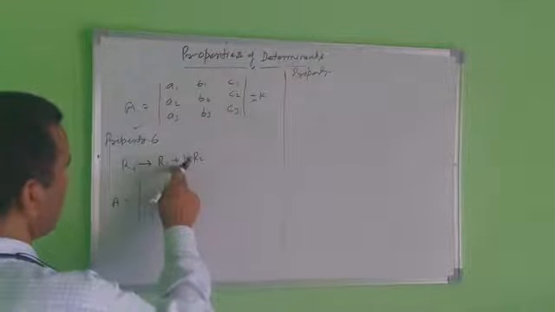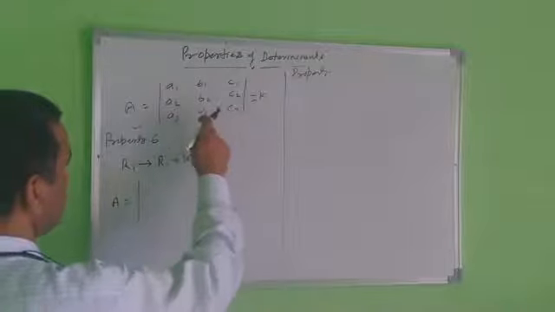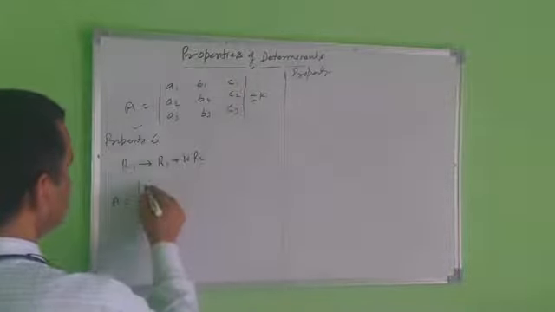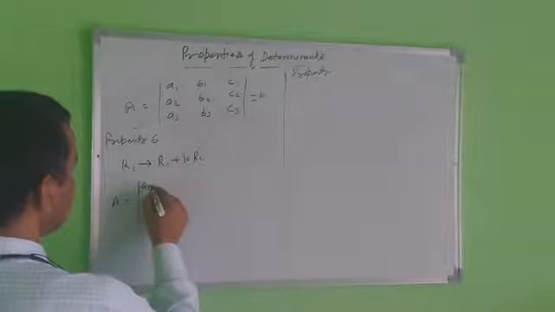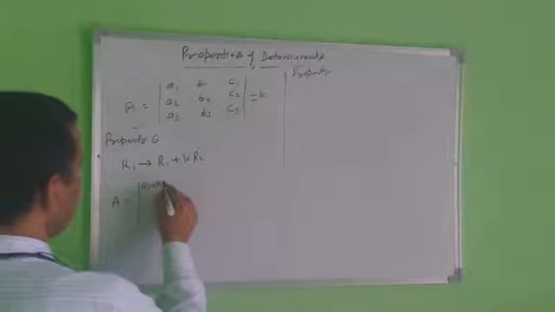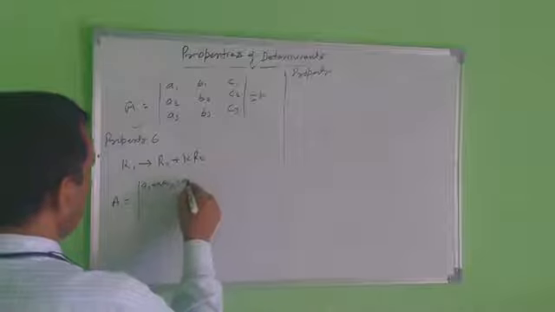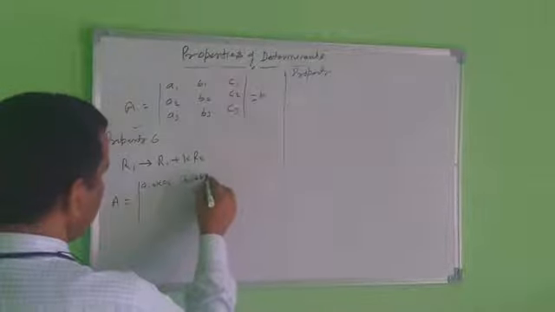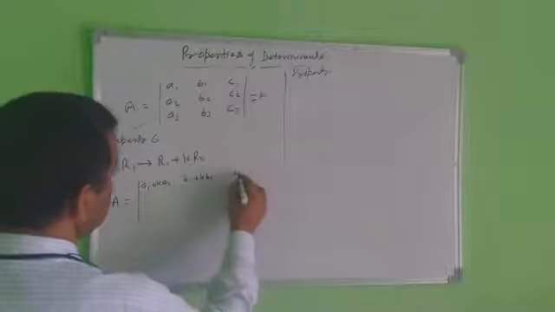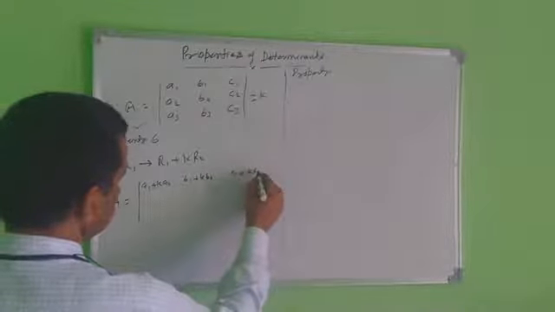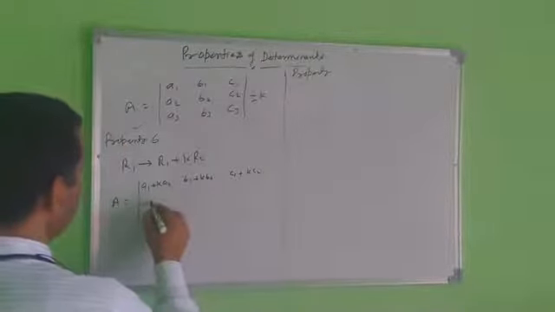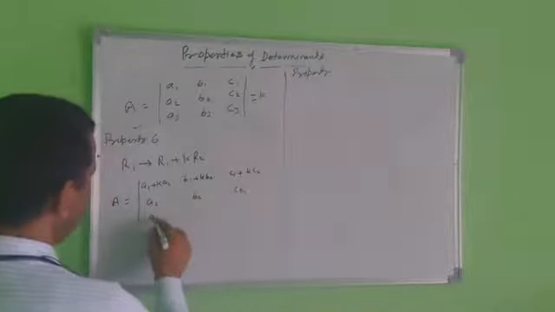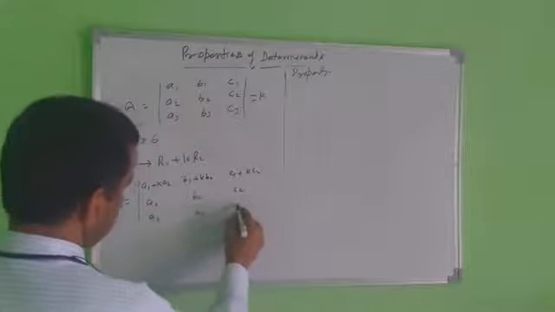When you do R1 plus K R2, the determinant becomes a1 plus K a2, b1 plus K b2, c1 plus K c2, then a2, b2, c2 and a3, b3, c3.